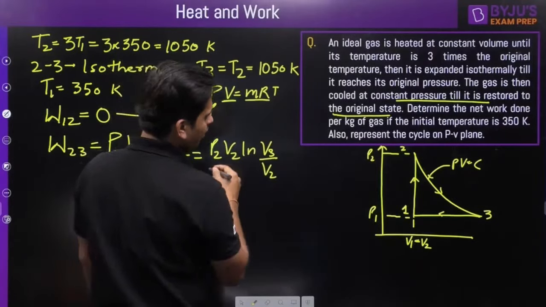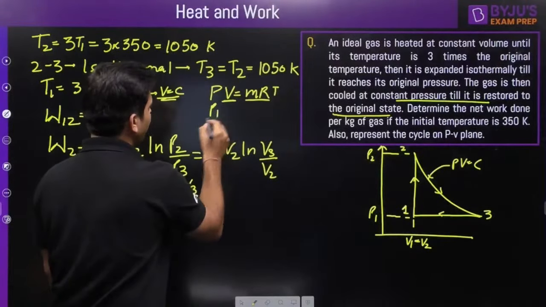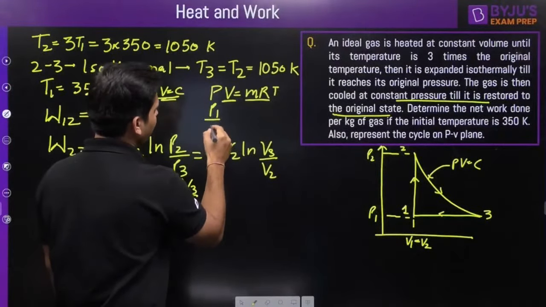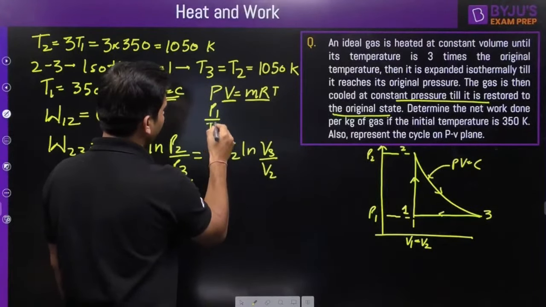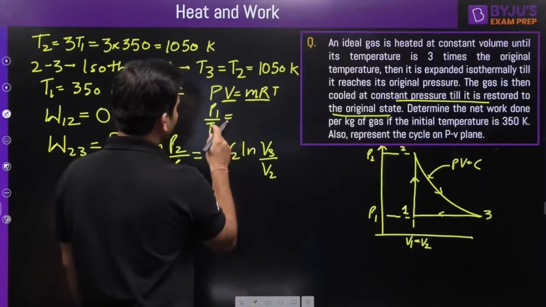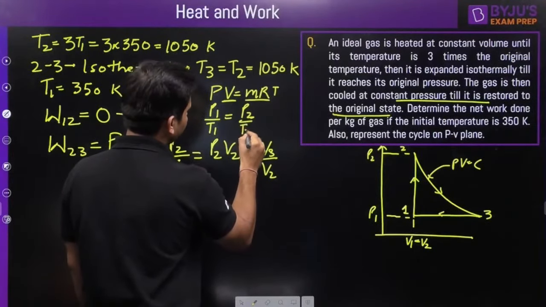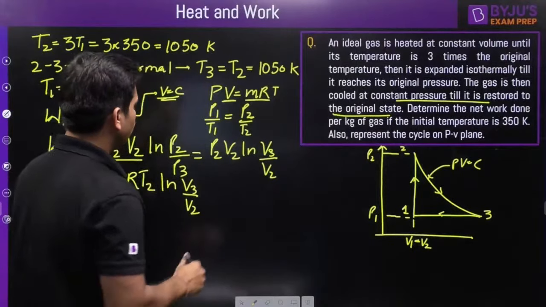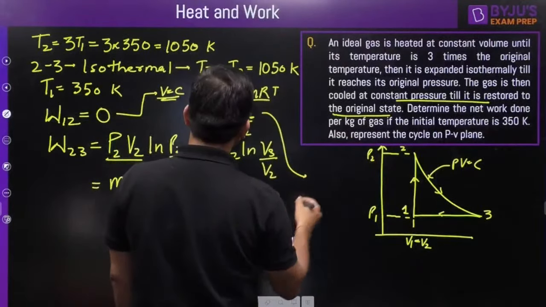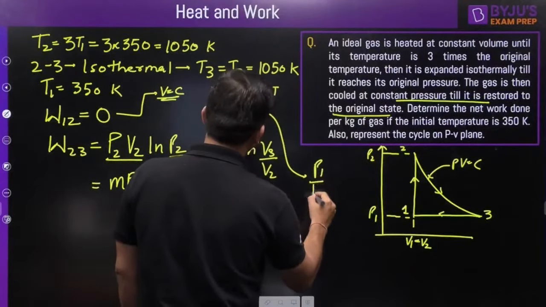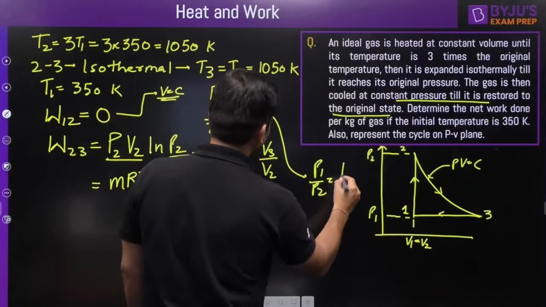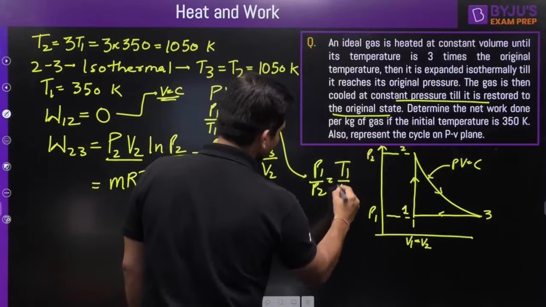So P1 by T1 is equal to P by T is equal to constant, and I can say it is P2 by T2. So from here, can I get a relation that P1 by P2 is equal to T1 by T2? Yes, I can.